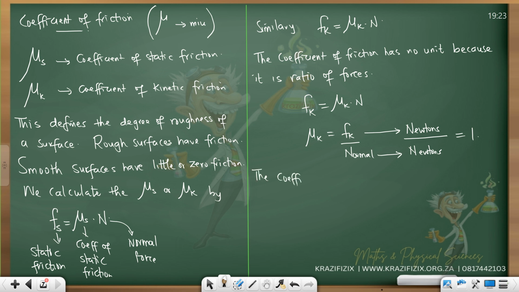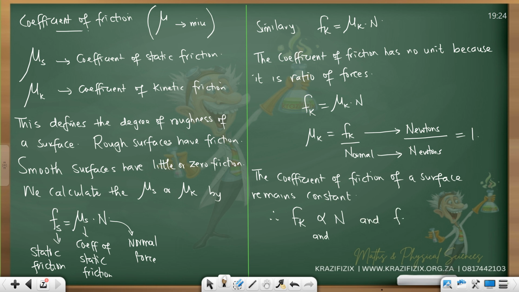Another point quickly. The coefficient of friction of a surface remains constant. Therefore, because it is constant, frictional force is directly proportional to normal force.